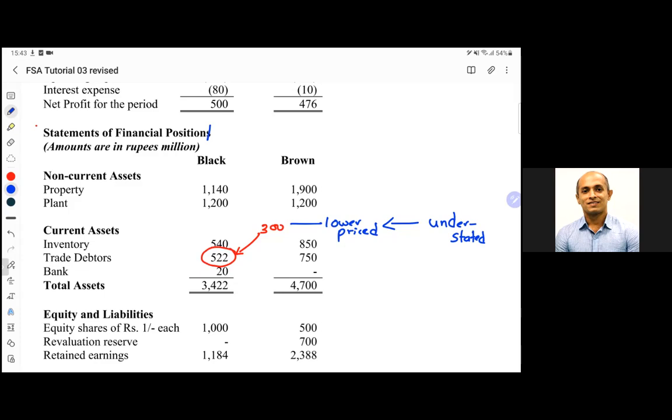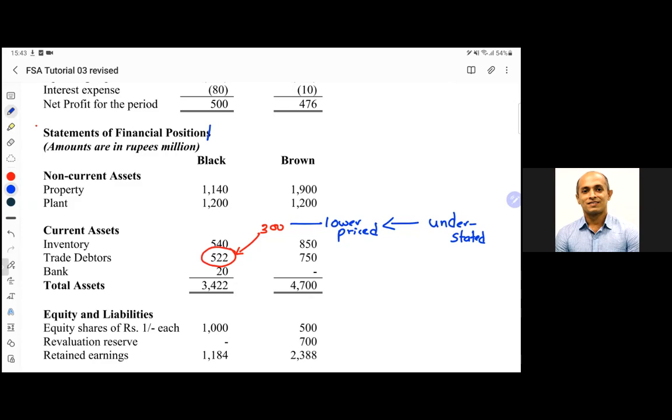So what you can do is adjust the debtor value to bring all the sales into the usual selling price. So you need to adjust the debtor's value to bring that balance into the usual transaction price.